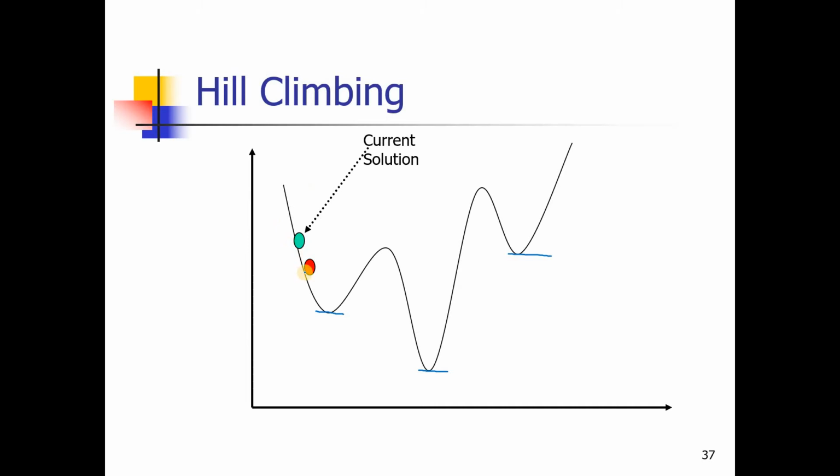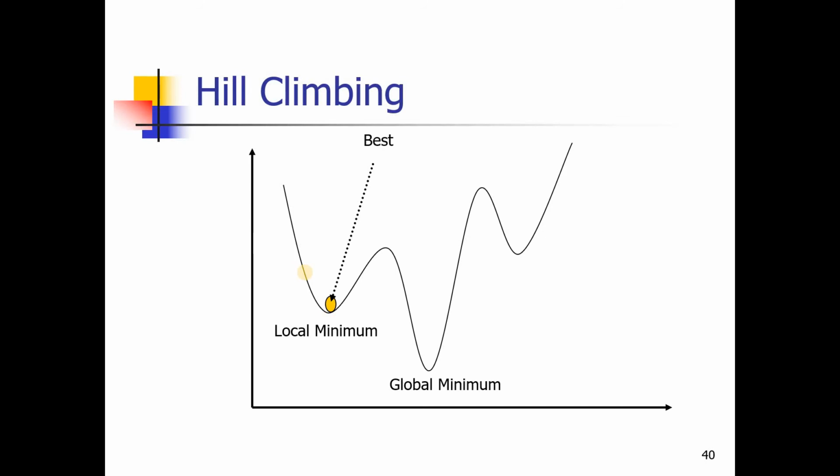So the current solution and the next node will keep on improving, and you see over here, it will reach the local minimum and it will be stuck. There is no other solution. So a typical exam question: with hill climbing, the best solution it will give you is a local minimum.